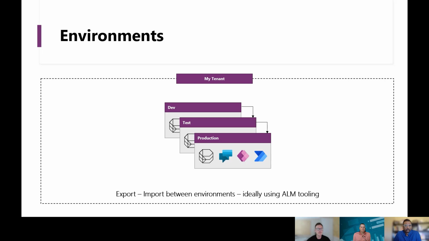Most customers are using something like this, where they have multiple environments and they're moving their configured Power Platform solutions, including PVA, between dev, test, and production, and maybe some other environments depending on their testing needs and how they go about validating what they've built. But you can go even further than that, depending on your use case. And yes, sorry, there's some text there saying you're using export and import between environments. That's solution packaging, and we'll talk about that more in a minute.